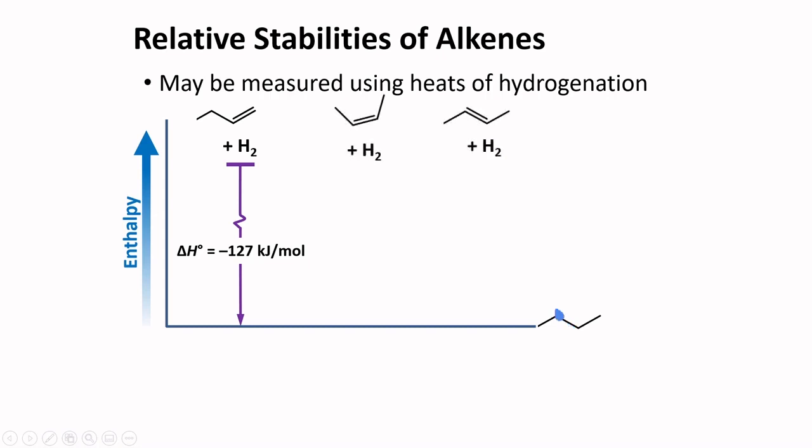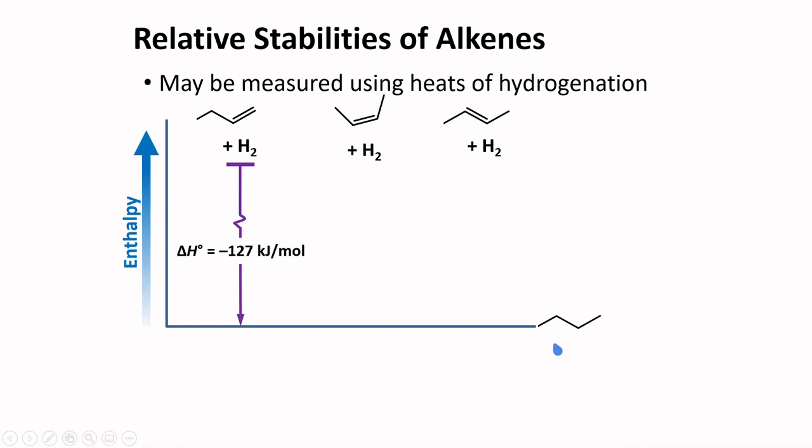If we are to consider the hydrogenation of these other isomers of 1-butene, here cis-2-butene and trans-2-butene, both of these compounds, upon hydrogenation, will also generate butane.